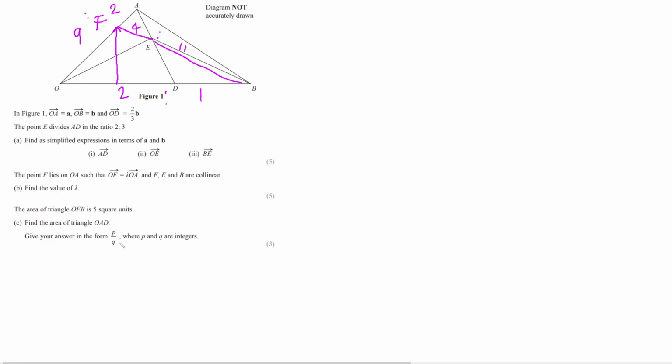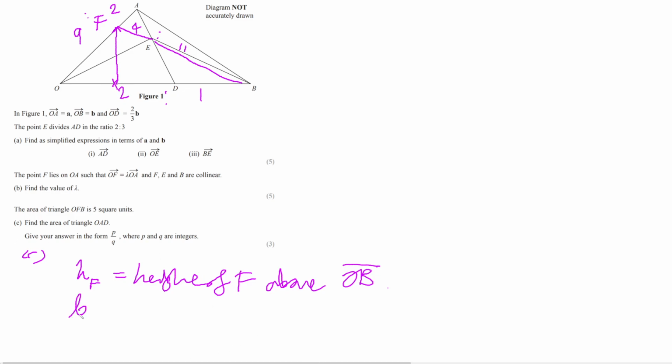Let's call this height HF, the height of F above OB. And there is also a base to the triangle OBF, and that is, of course, the side OB itself. So, the base is the side OB.